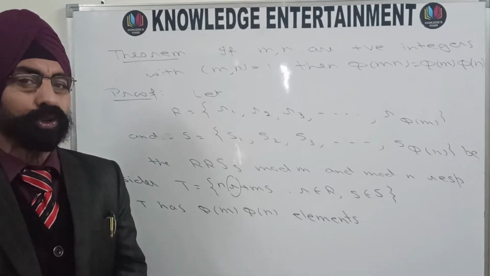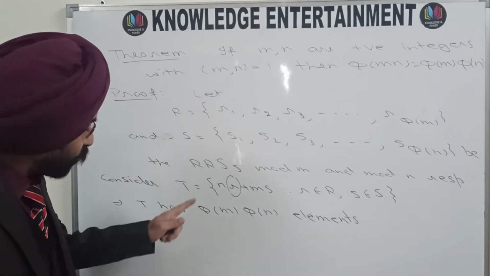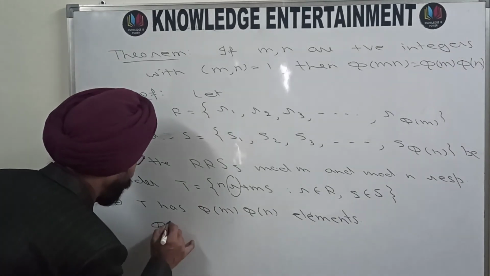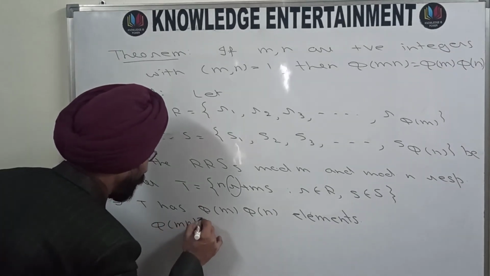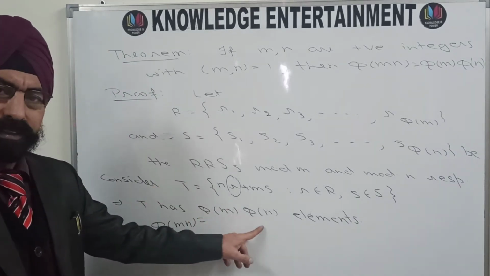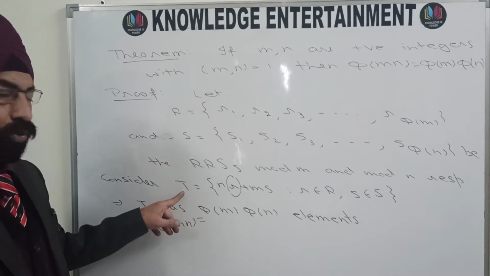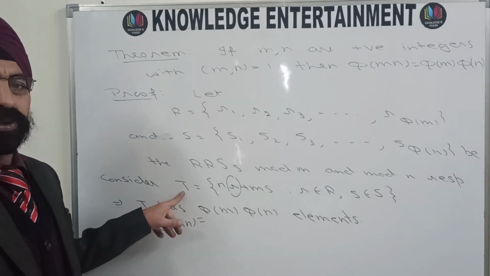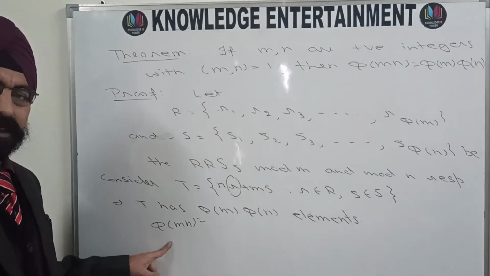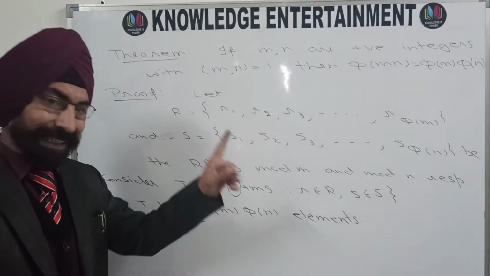So the number of members should be phi mn, and we have shown that T has phi m phi n members. So that will mean that phi mn is equal to phi m phi n, because T actually has phi m phi n members. But since we are going to show that T is a reduced residue system modulo mn, the number of members should be phi mn. So phi mn must be equal to phi m phi n in that case.